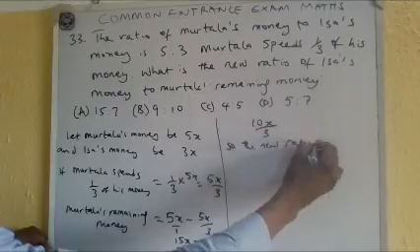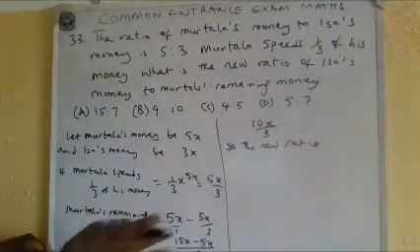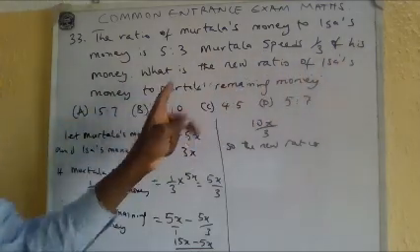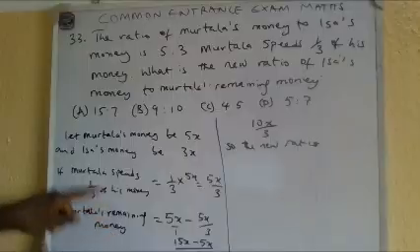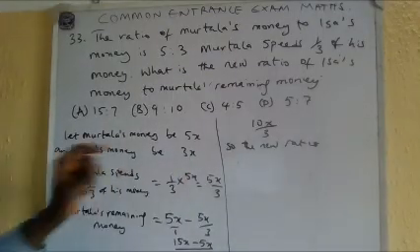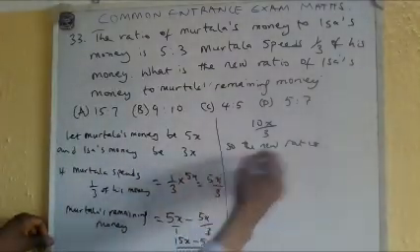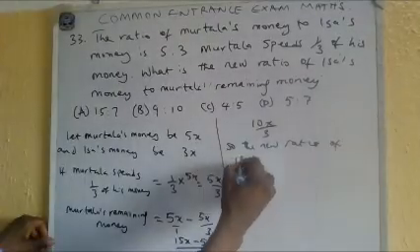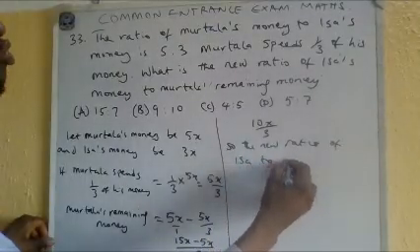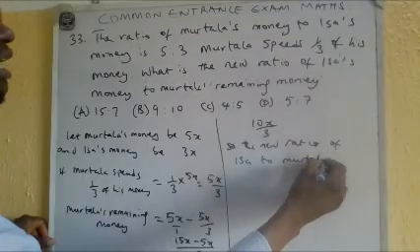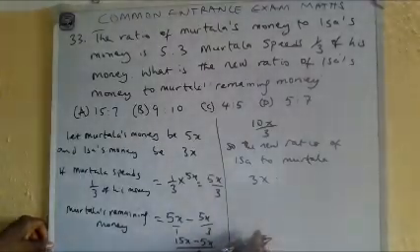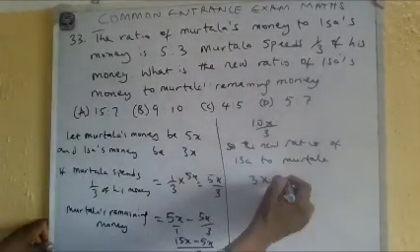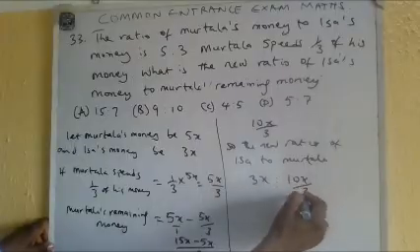So the new ratio. Now remember, the ratio is now from Isa to Murtala. So Isa is still having his money, he did not spend it all. So new ratio of Isa to Murtala. So I will start with Isa first. Isa is 3x to the remaining money, 10x/3. So this is division that we're going to do here.